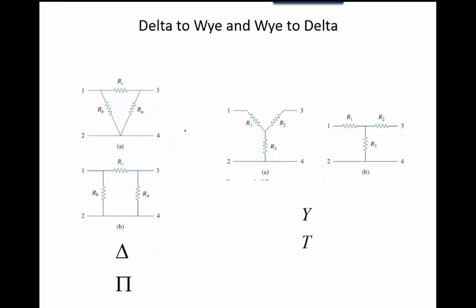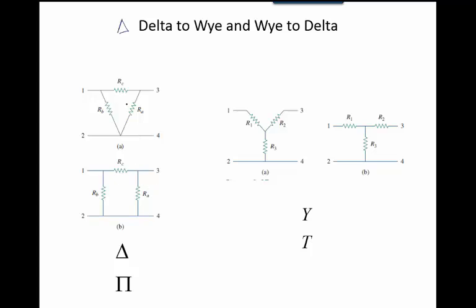Now comes the hard part. The delta to Y connections or Y to delta connections. So this looks like an upside down delta, because the delta symbol is this, right? You should be convinced easily that if I just slide this wire out this way, that's the same circuit down below, correct?